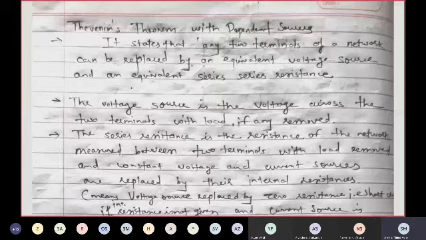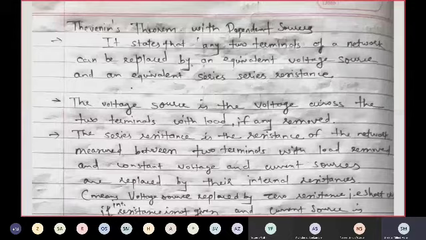It states that any two terminals of a network can be replaced by an equivalent voltage source and equivalent series resistance. But how to find that voltage source and series resistance?